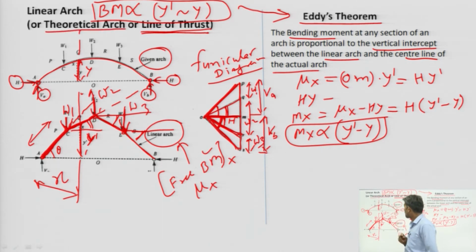Why is it theoretical? Because we need to design this shape, but actually it is not possible from an architectural point of view. So, whatever the difference is, we have to provide the strength in the member.